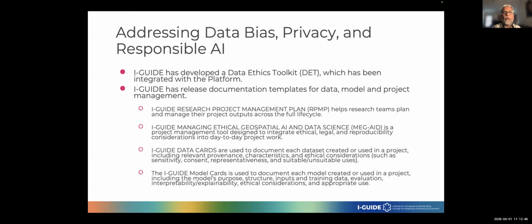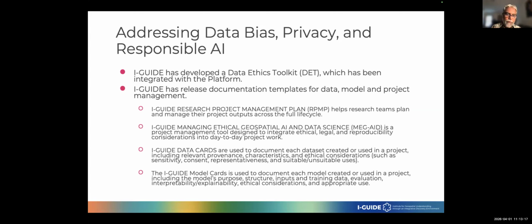The platform also has tools for addressing data bias, privacy, and responsible AI. We have what's called the iGuide Data Ethics Toolkit, which is integrated on the platform. It has various elements like data cards and model cards for documenting data and models, as well as tools for research management. We have tools for project management for research projects.